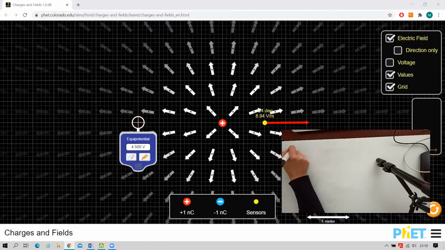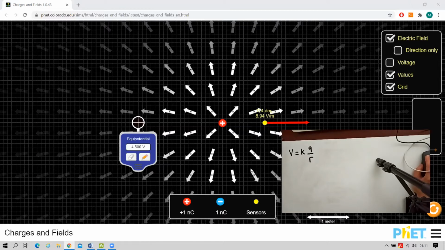As you know, the potential formula is K times Q divided by R. So you can check that formula, KQ divided by R. Again, you take the location of the charge as the origin, and a point which is 2 meters away from the charge, a voltmeter reads a potential of 4,500 volts.